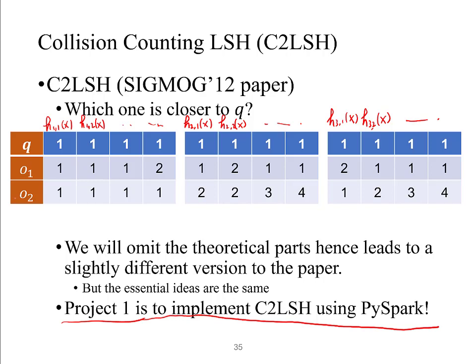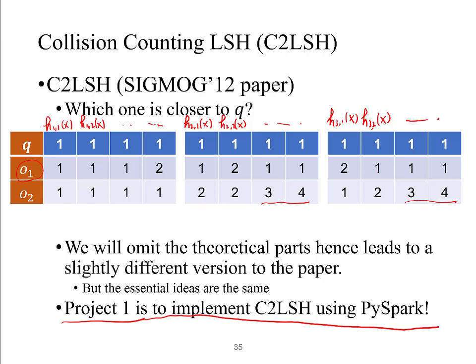I think most of you would say that O1 should be the one closer to Q, because for O2 you can see there are hash values of 3, even 4, which indicates that O2 could be far away from the query.